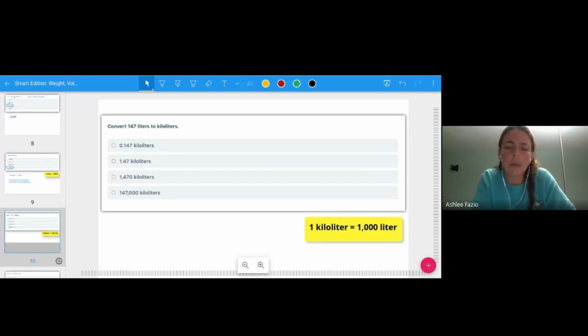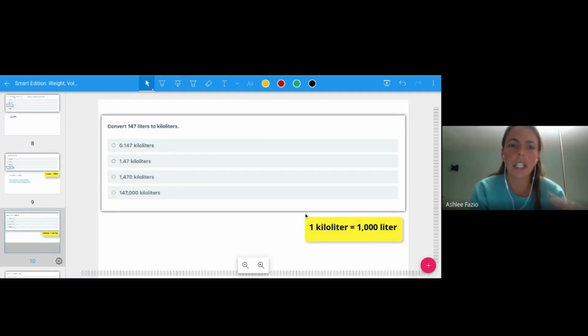So how would I get from 147 liters to kiloliters? One way to do this: when it comes to the metric system, we're often just moving the decimal, and you'll notice that all of these answers have a similar pattern, but it's a matter of knowing how far to move it.